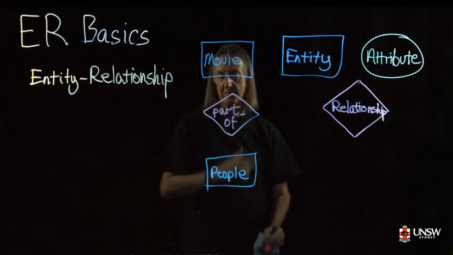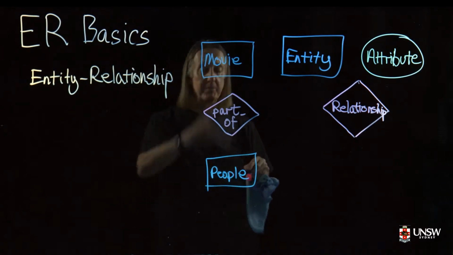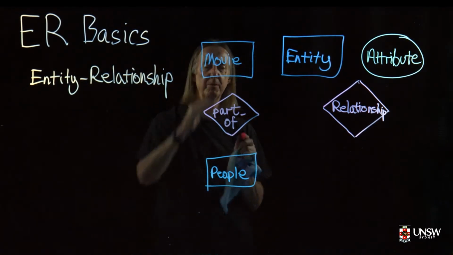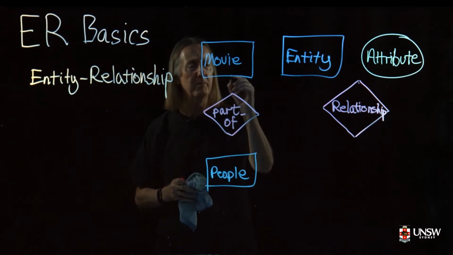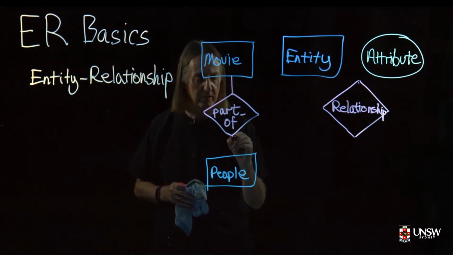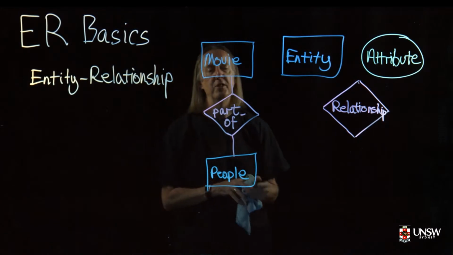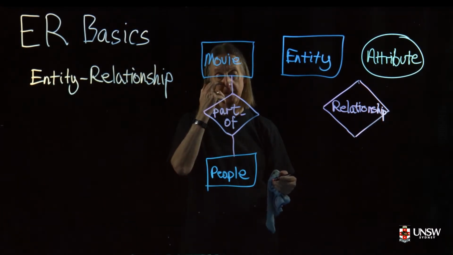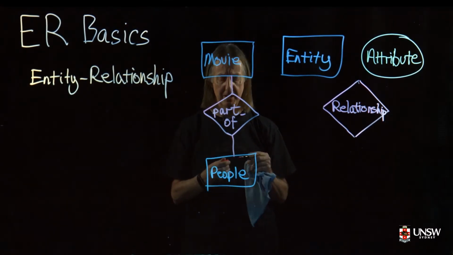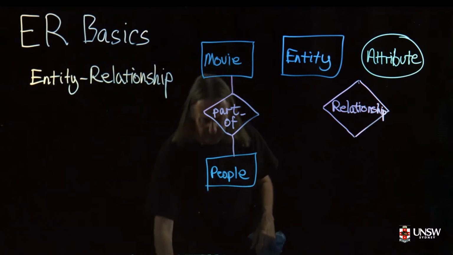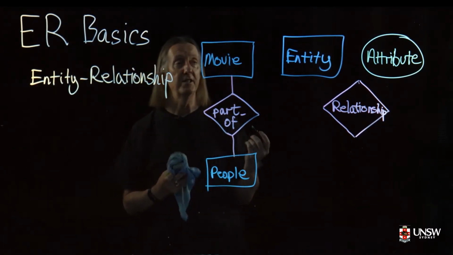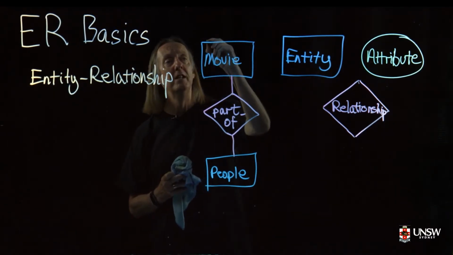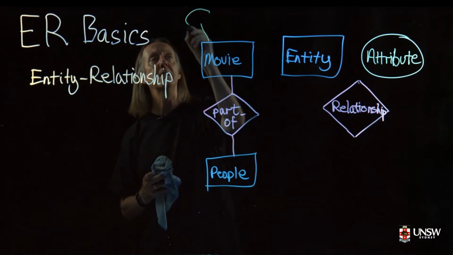All right, so how do we represent the fact that there is a relationship between people and movies? We put a relationship diamond in between them, and then we put lines to connect the two entities via the relationship. Now in this case, at the moment I don't have any attributes, so let's just put a couple in quickly.